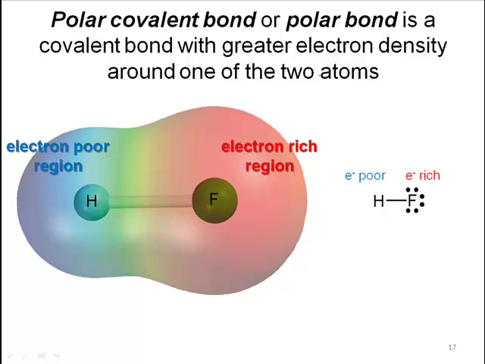And shown in the Lewis dot structure, there's your HF. The F has a slight negative charge, the H has a slight positive charge. That is a lowercase delta, which means slight charge. So here's our HF, again shown without the lone pairs around the F. The dipole goes in that direction because the F is negative and the H is positive.